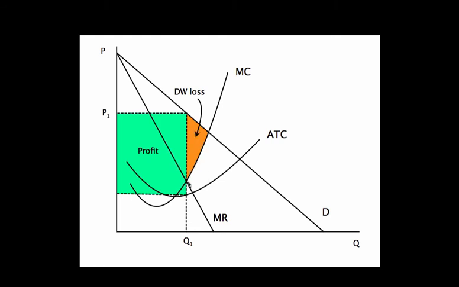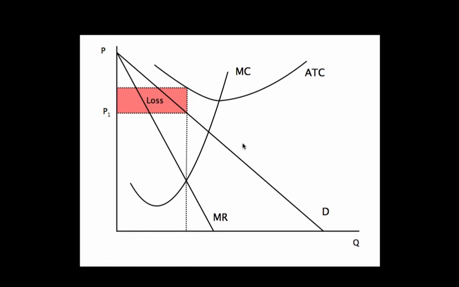So if I tax this firm, for example, put a per unit tax, then marginal cost would be shifting up. It would cross over here somewhere, and I would have a new profit maximizing point. And notice if that ATC curve was high enough, so if we had high enough fixed cost pushing that ATC all the way up here, once it's above that demand curve, I'm going to have a loss.